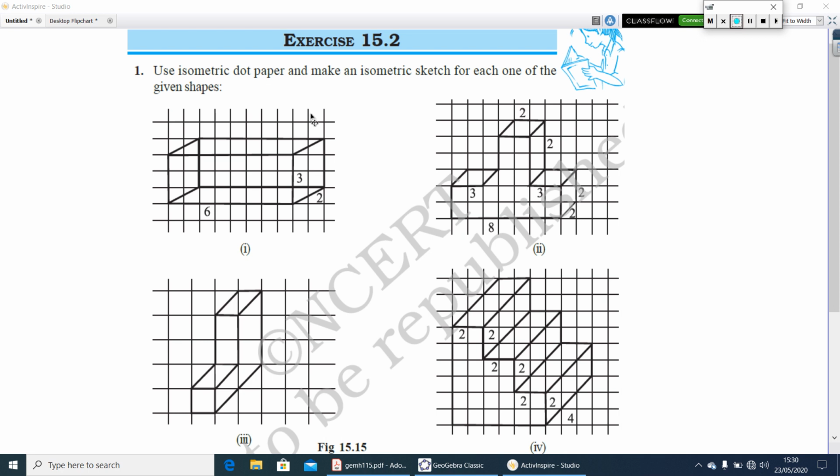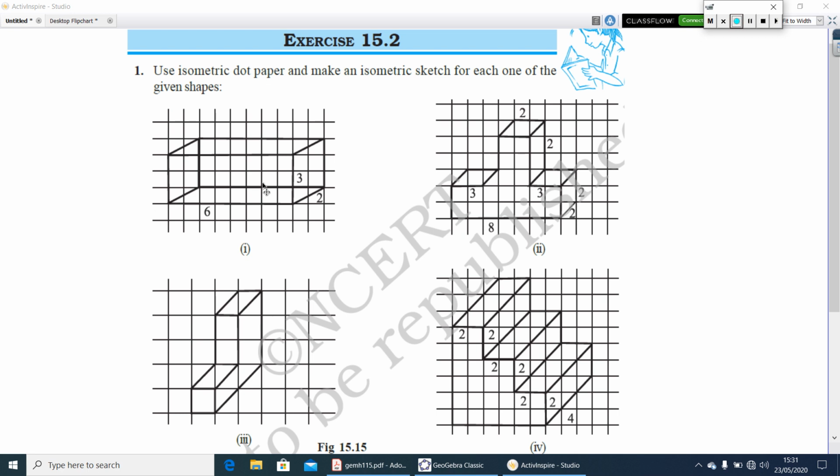Here are the questions of exercise 15.2. Use isometric dot paper and make an isometric sketch for each one of the given shapes. Here 4 oblique sketches are given, that is a cuboid of 6 unit length, 2 units breadth and 3 unit height.